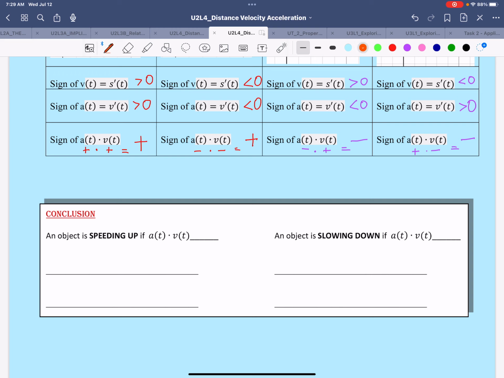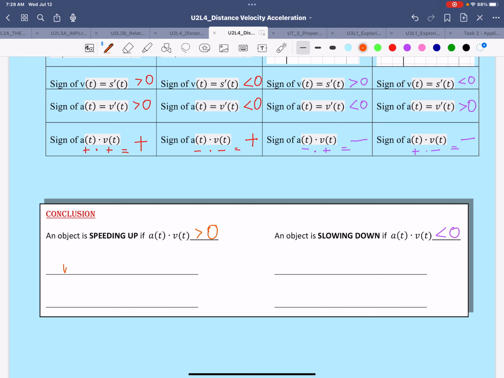So in summary, an object is speeding up when the product of velocity and acceleration is positive, or bigger than zero. And an object is slowing down when velocity and acceleration have a negative product. So when can a product be positive?